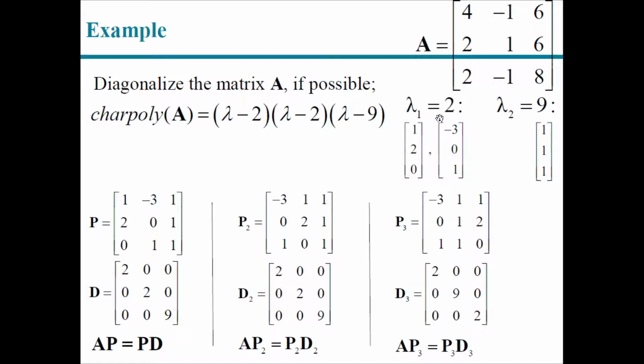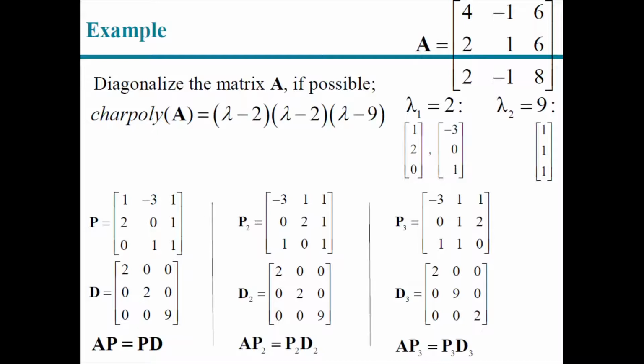Now, for the eigenvalue 2, I don't know its geometric multiplicity. I need to compute it. Lucky for us, I computed it, and I found that the eigenspace is generated by these two vectors. So the dimension of the eigenspace associated with eigenvalue 2 is 2, because these eigenvectors generate it.